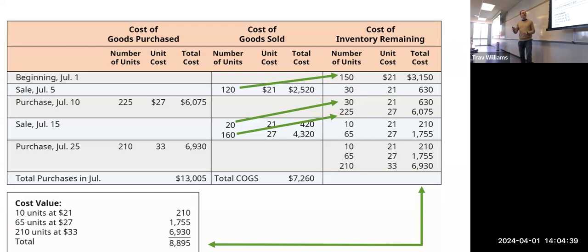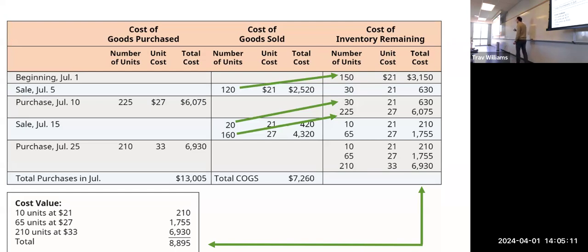Then we make another purchase. So now we have a third lot, and that gets listed underneath the other two. Right? So these two just get copied down here, and we add the new lot. Now we can add up all of the cost of the inventory we purchased, all the cost of the goods that we sold, and then if we added these together, that would give us our ending inventory cost.